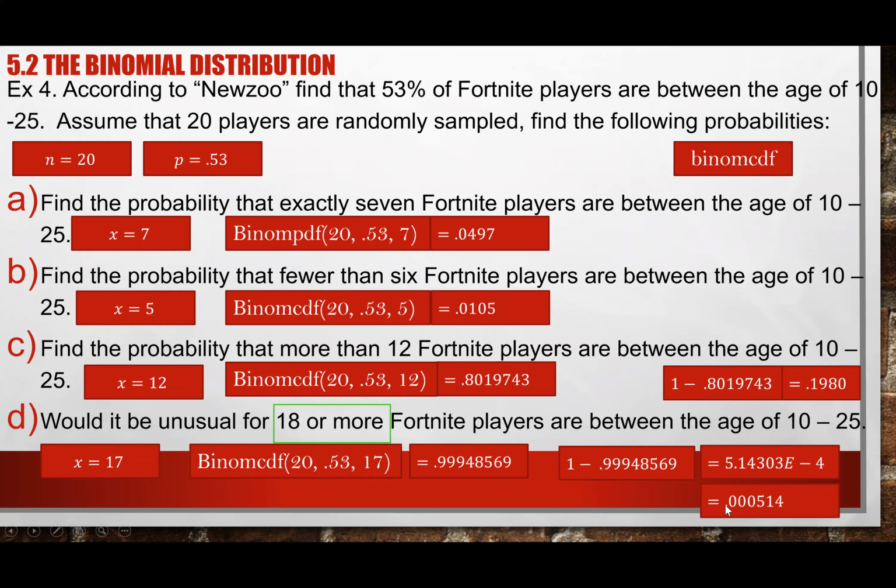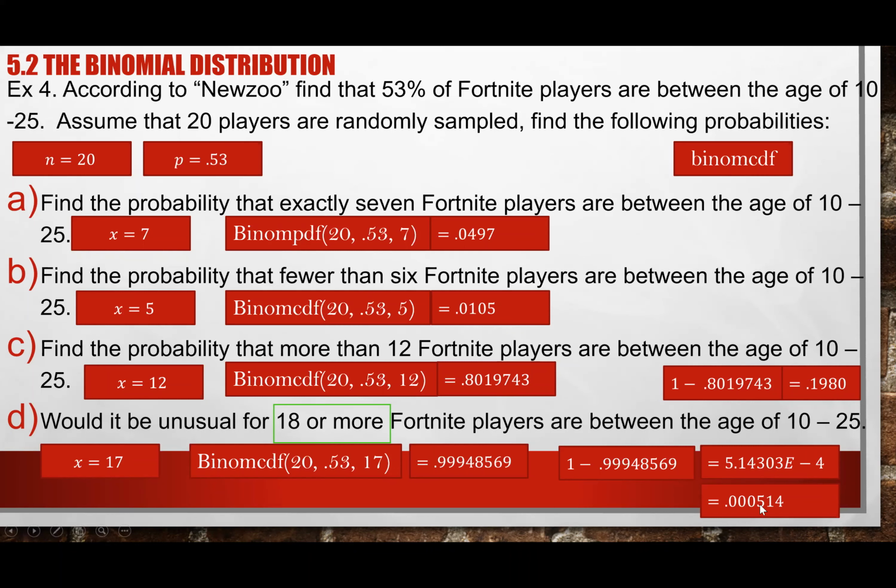That's why I have 0.0005, okay? So now, how do we know if it's unusual? If it's less than 0.05, meaning less than 5%, we consider that it's unusual.